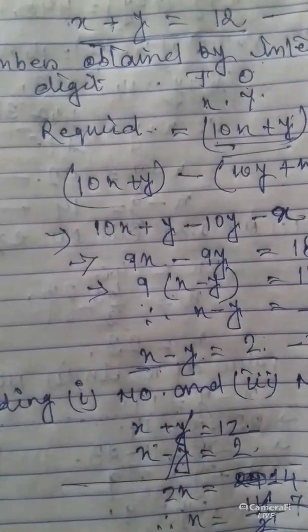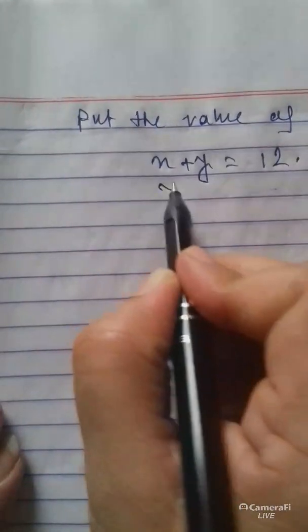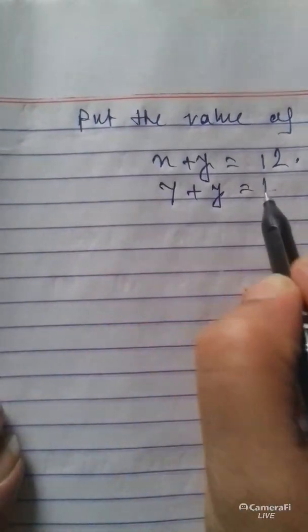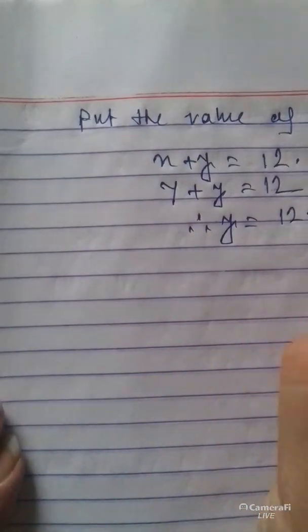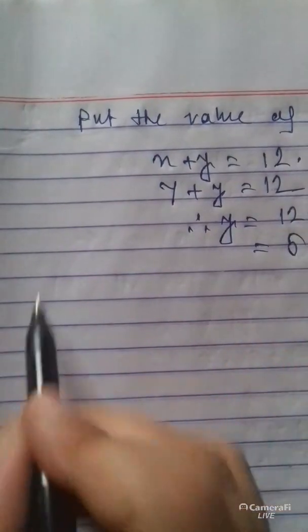X equal to 7. Now put the value of x in the one number equation. Our one number equation is x plus y equal to 12. 7 plus y equal to 12. Therefore y equal to 12 minus 7, which means 5.